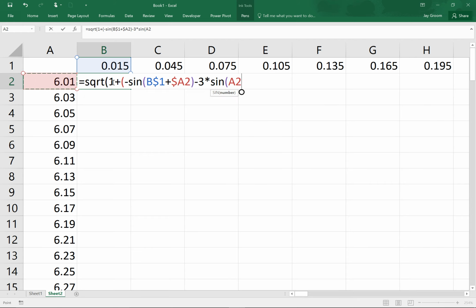Is there a way to define what x is and what y is? Like define it as a variable. But it's only true for that cell. I want to be able to just type it in once and then just drag it down, drag it over. There is a way to do that, but you have to go to code and write some Visual Basic. Oh, right, because then it would always be that one cell. Is that all? Plus 1. Oh, plus 1.